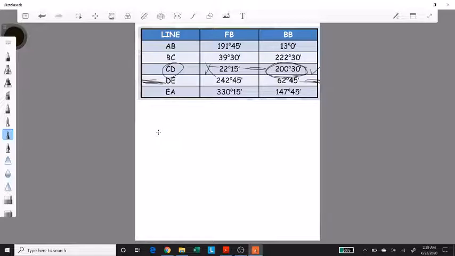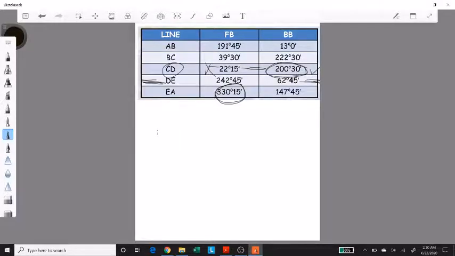readings did we take from the point E? So one reading that we took was back bearing of the side DE, that we already have said is correct. And the other reading that we took was the forward bearing of the side EA. So that means for the line EA, if the difference between the forward bearing and back bearing is not 180, all the error is in the reading that we took from the point A, because that is where the local attraction is, and there is no local attraction at the point E, which is free from local attraction.